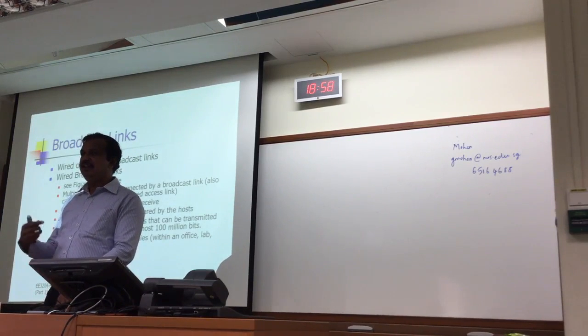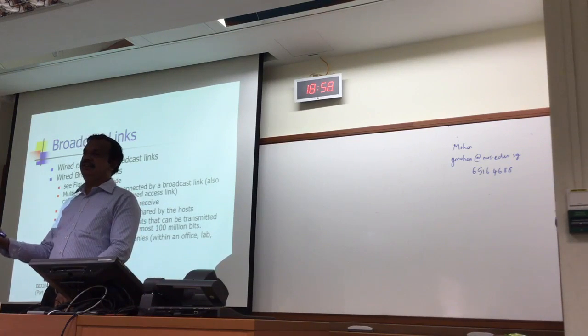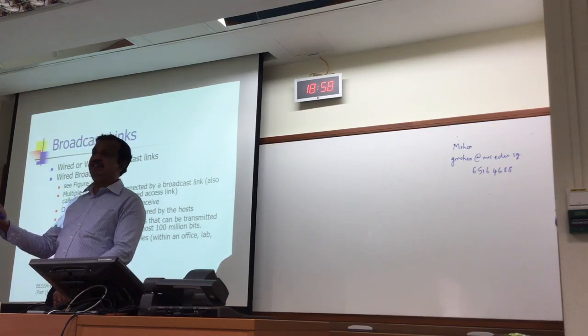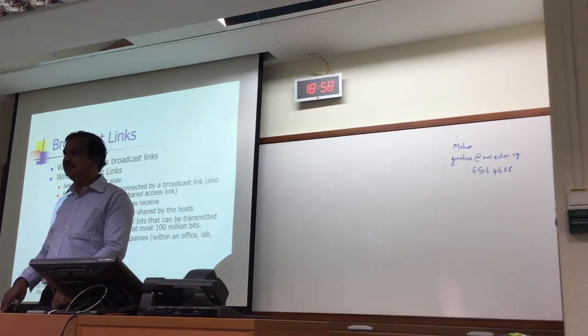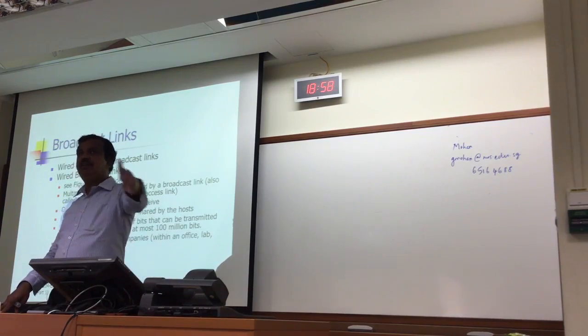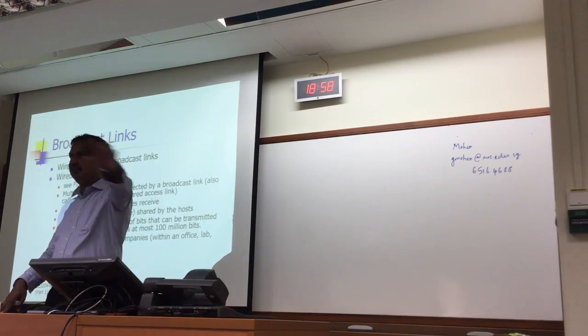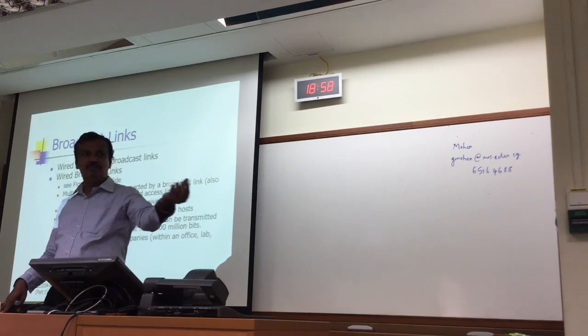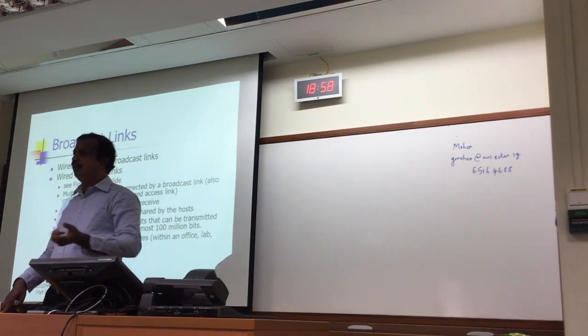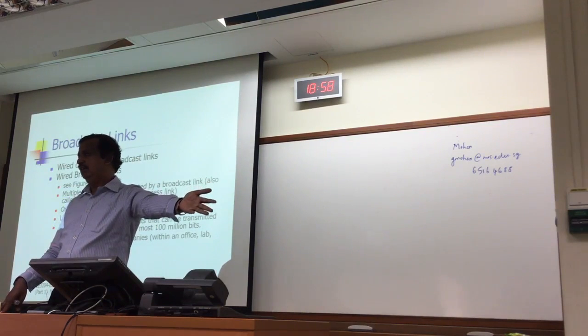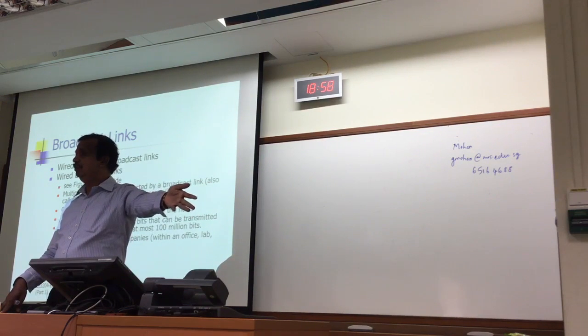In the case of a wired network, you can imagine, starting from the 70s, the idea was, of course later it was replaced by hubs and other things, that you can have a cable in the room or the lab on the wall. It will have some Ethernet sockets here and there. You can plug your computer into the Ethernet network.